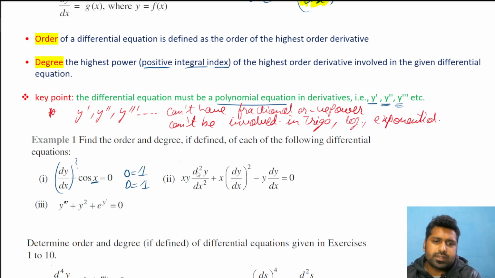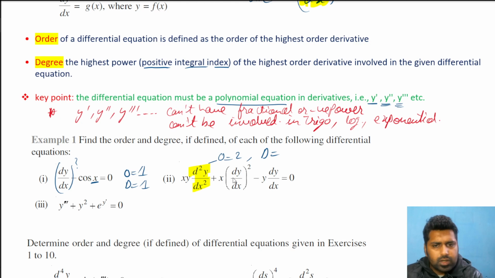Next question. Look at this. D square y by dx square is there. Dy by dx whole square is there. But what is the highest order derivative? D square y by dx square means y double dash is there, 2 times differentiation. So order is 2. Before defining the degree, make sure these conditions are followed. Y dash, y double dash should not have fractional or negative power.